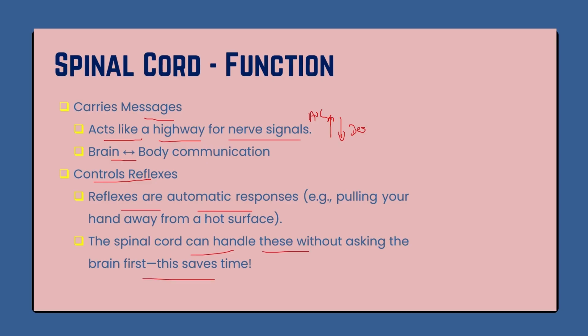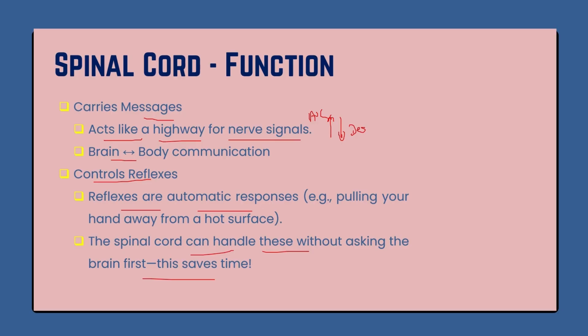This saves time. These are potentially threatening situations for the body. When there are situations like this, your body has a bypass system so that you don't have to wait for the information to be taken to the brain first, and then the brain processes the signal and tells your body, okay, it's hot, remove your hand. By then it would be too late and you would have already burnt your fingers.